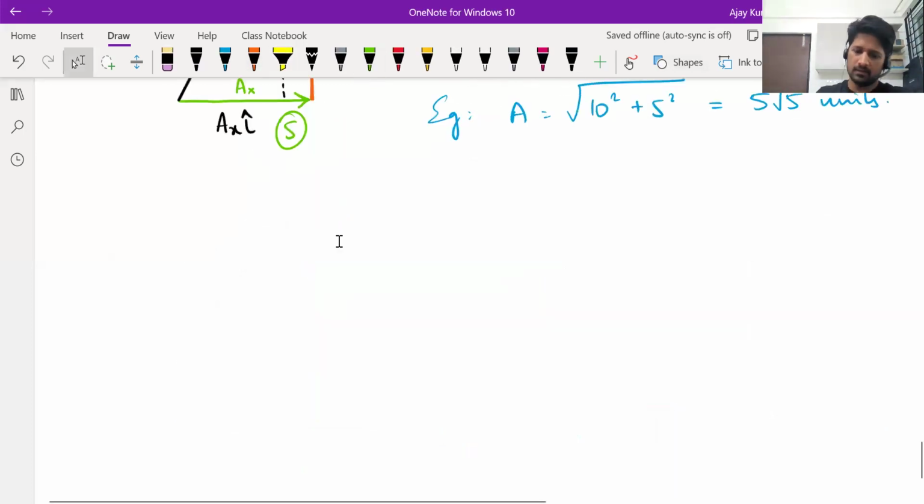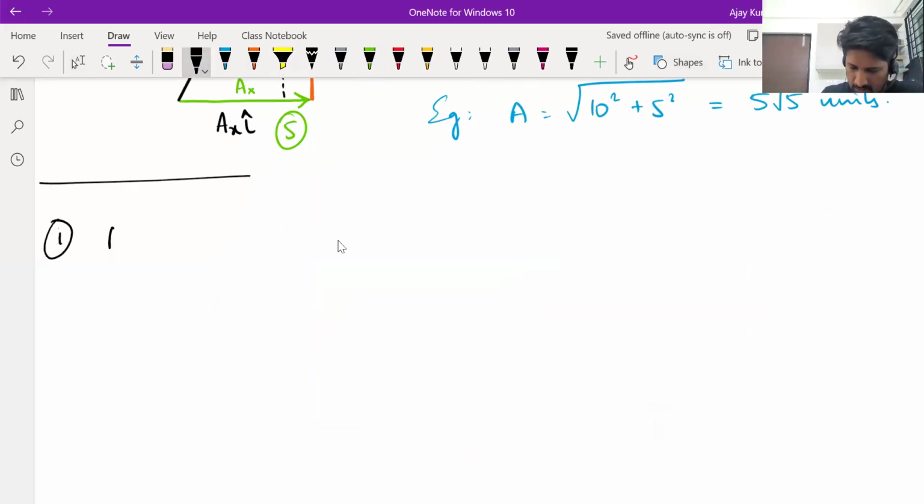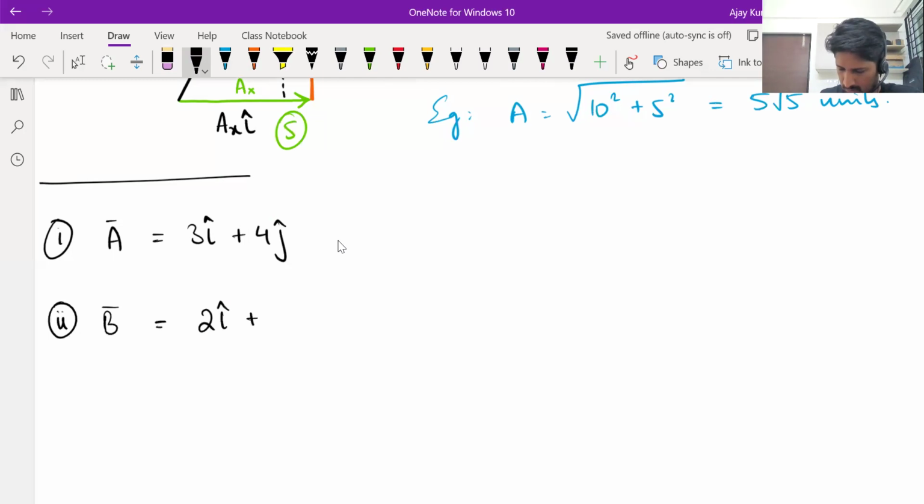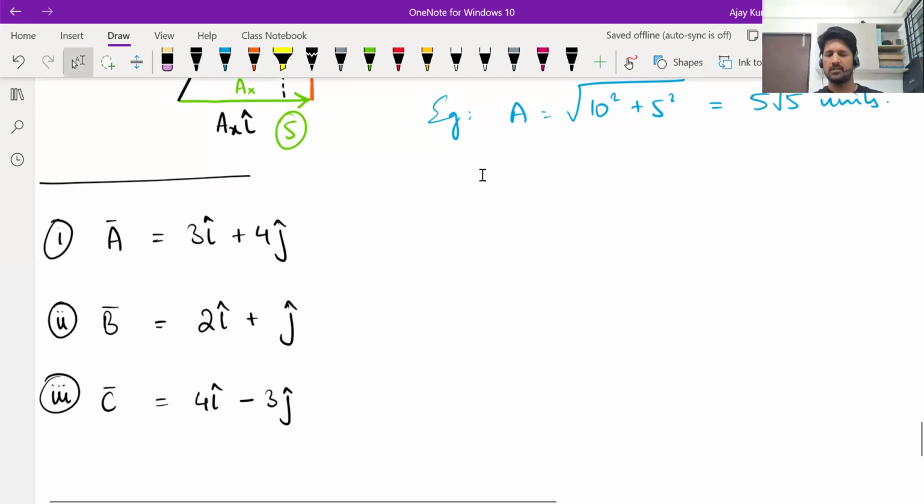Simple. So quickly calculate the magnitudes of these vectors. First one. See, if we simply write j cap, it means 1 j cap. So you know the components, calculate the magnitudes, all of you.